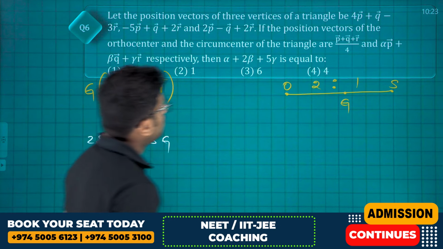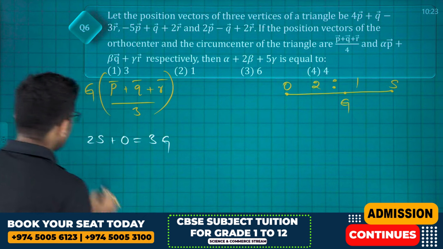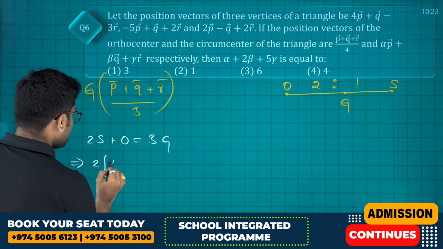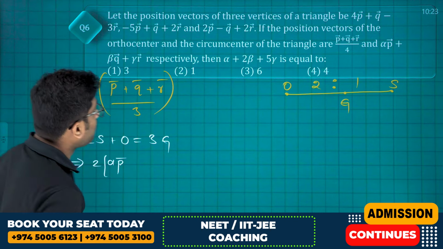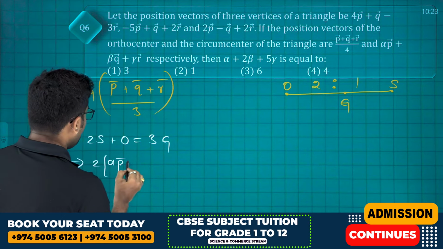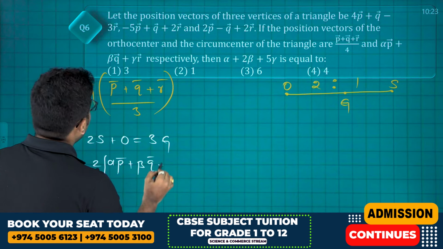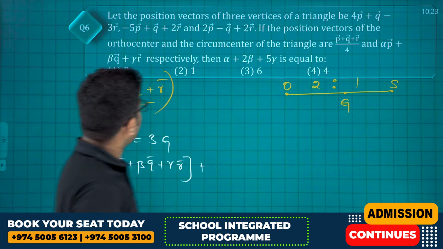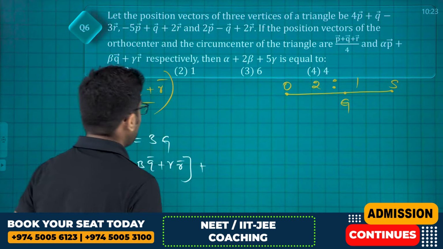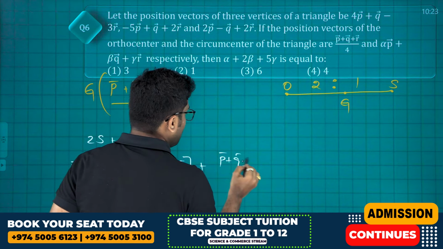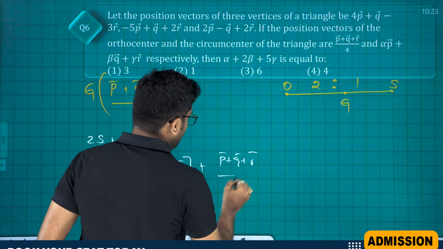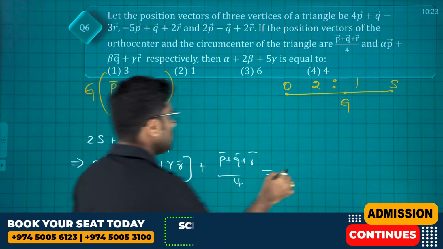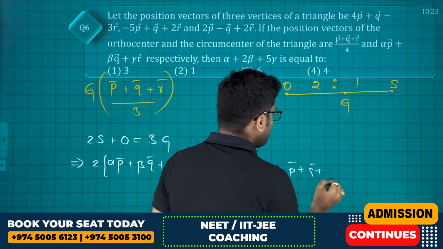So 2 into the circumcenter is now 2 times alpha p bar plus beta q bar plus gamma r bar, plus orthocenter. What is orthocenter? P bar plus q bar plus r bar by 4 is equal to 3 times g. So anyhow 3 times g is nothing but p bar plus q bar plus r bar.